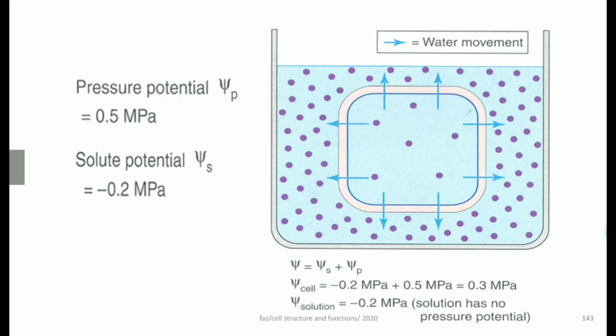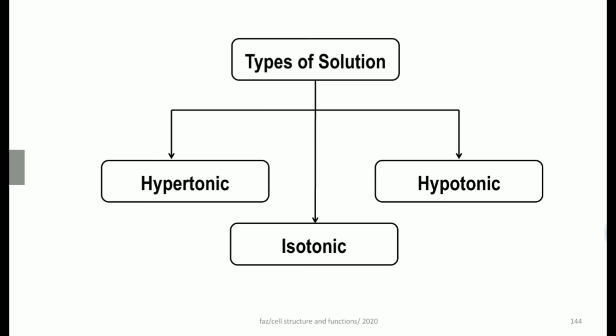So why is the water potential in the solution negative 0.2 megapascal? Because the solution outside of the plant cell does not have pressure potential. So we ignore the pressure potential, which is 0.5 megapascal in the plant cell. Therefore, the water potential in the solution is negative 0.2 megapascal.